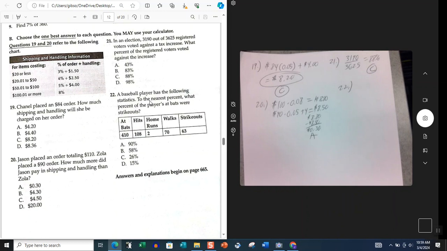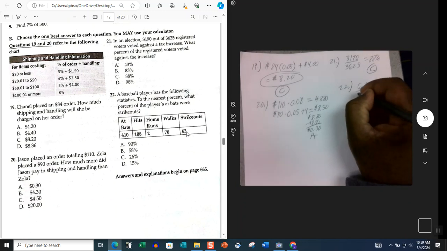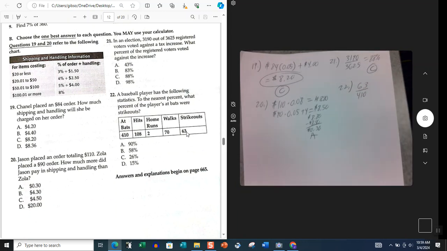Okay, problem 22. It says a baseball player has the following statistics. To the nearest percent, what percent of the players' at-bats were strikeouts? Okay, so they have 410 at-bats and there's 63 strikeouts. So what we would do, we'd take 63 out of 410 because we just want to know the percent of strikeouts.